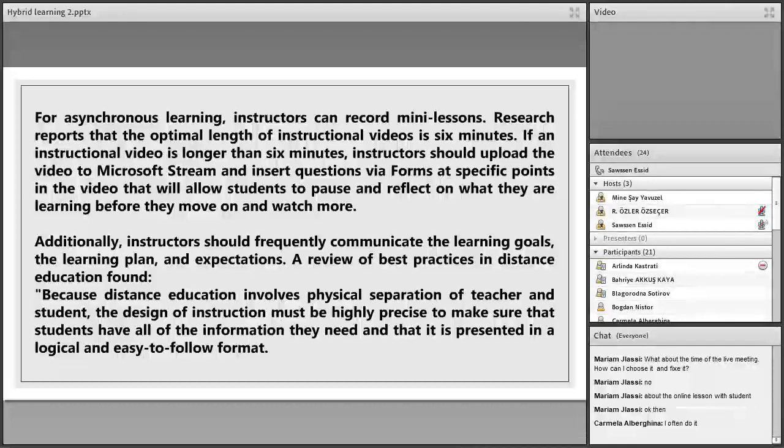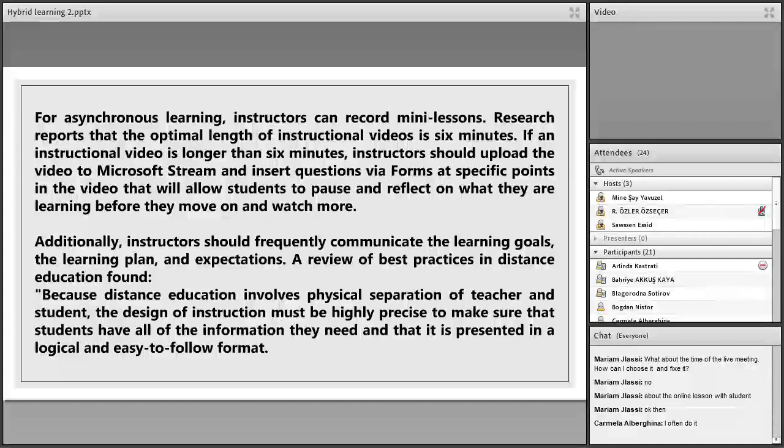Moreover, educators should frequently communicate the learning goals. As I said before, students should be aware of your plan, of your objectives, of your expectations. Additionally, a review of best practices in distance education found that, because distance education involves physical separation of teacher and student, the design of instruction must be highly precise to make sure that students have all of the information they need and that it is presented in a logical and easy to follow format.